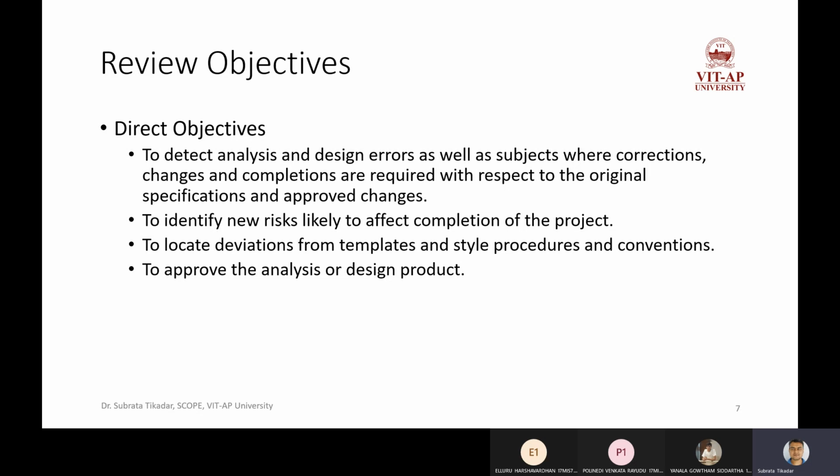The second objective is to identify new risks likely to affect completion of the project. The third objective is to locate deviations from templates, style, procedures, and conventions. Correction of these deviations is expected to contribute to improved communication and coordination resulting from greater uniformity of methods and documentation style.